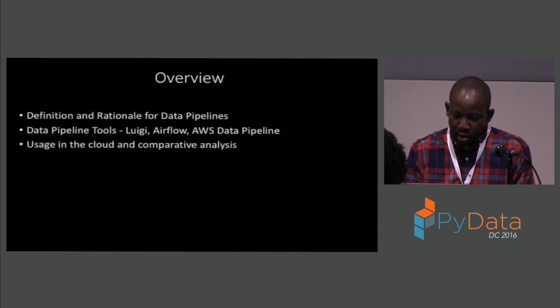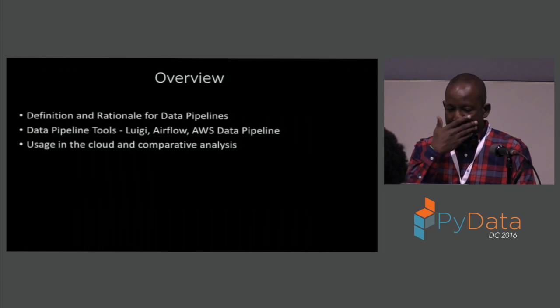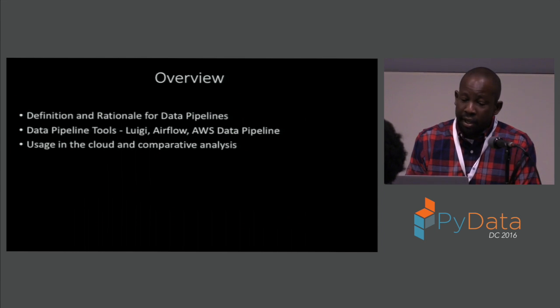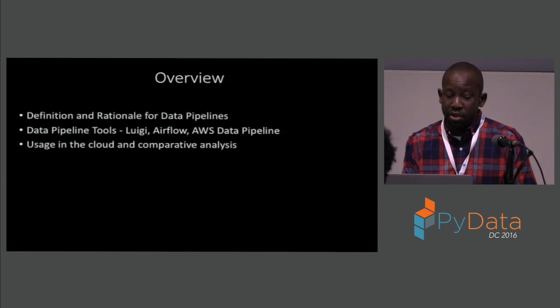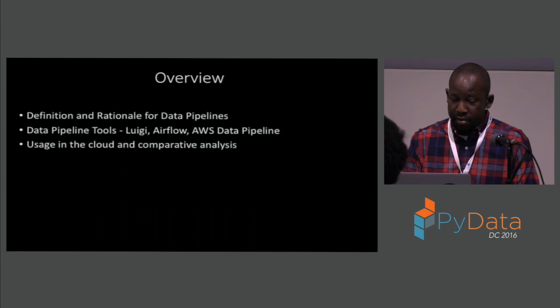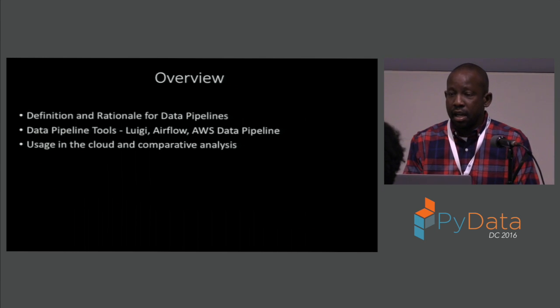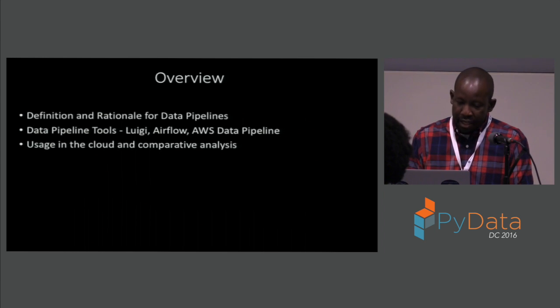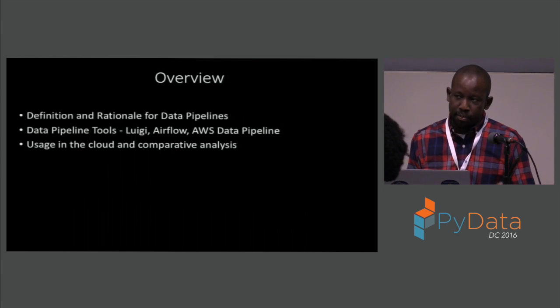Okay, so let's proceed. Basic overview. I'm going to give an explanation of what a data pipeline is, give a rationale for why we would have a data pipeline, and discuss tools to manage a data pipeline. So I'll discuss the popular ones out there. We're all Python programmers here.